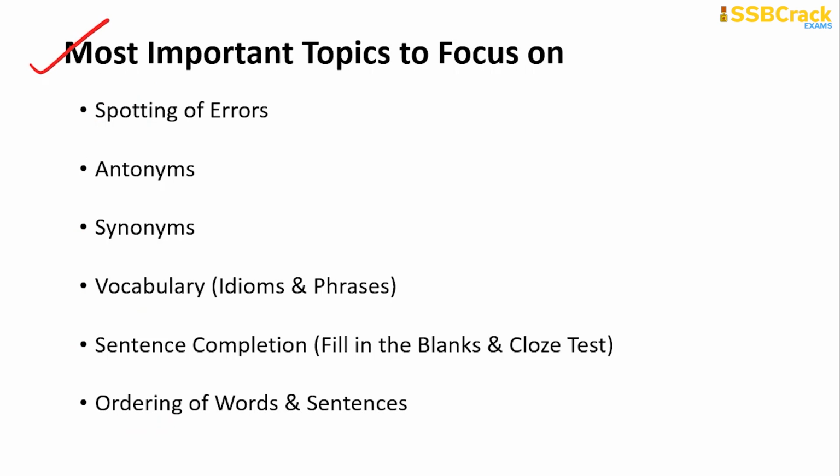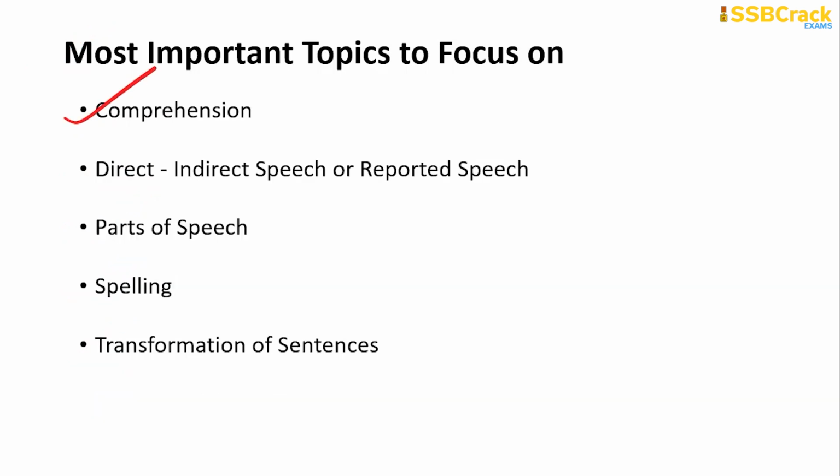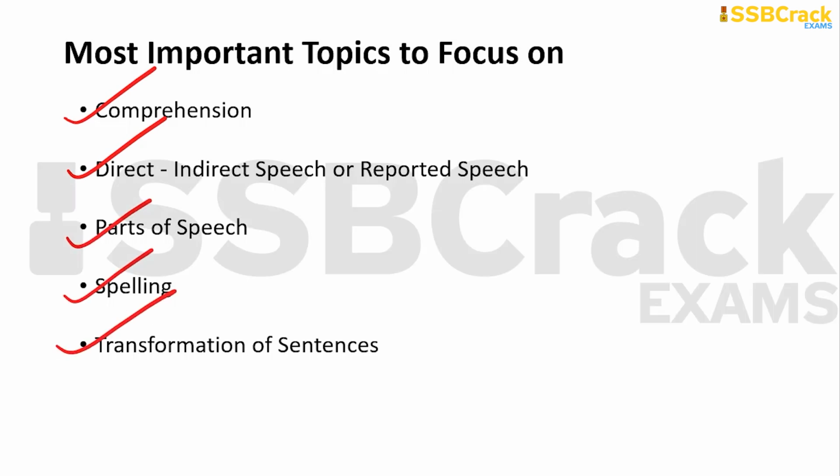The topics are spotting of errors, antonyms, synonyms, vocabulary, that is idioms and phrases, sentence completion, that is fill in the blanks and cloze test, ordering of words and ordering of sentences, comprehension, direct indirect speech or reported speech, parts of speech, spelling and transformation of sentences.